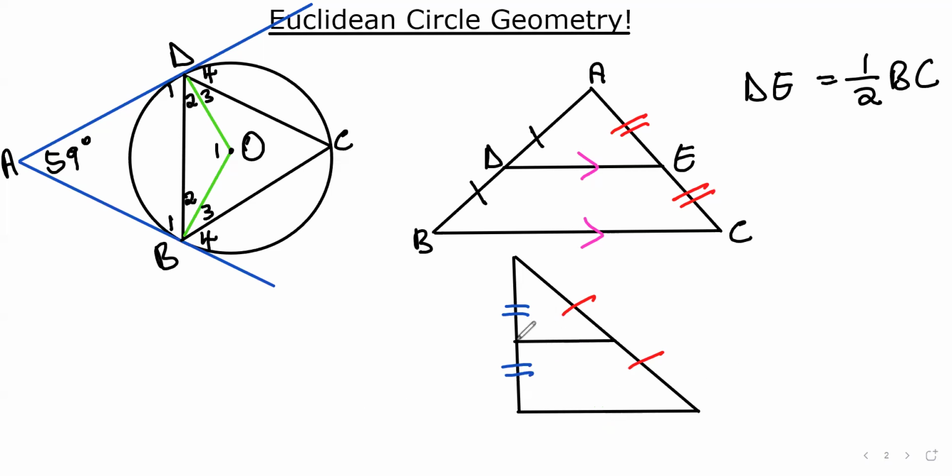What does it say? It says, if a line segment joins the midpoints of two sides of a triangle, we can see that this line DE joins the midpoints of AB as well as AC. Then that line will be parallel to the third side.